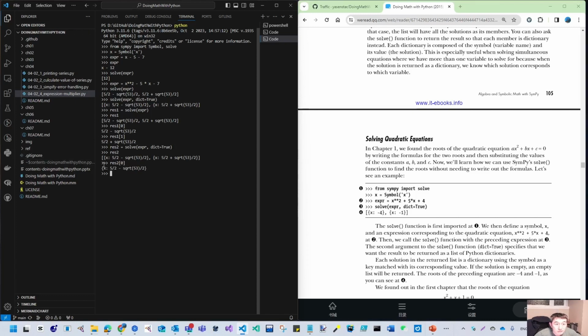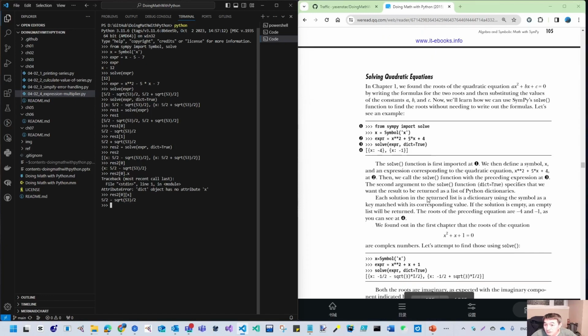When dict is at its default, false, we go directly to the list result. But with a dictionary, I can use index 0 and then x as the key to get the value.